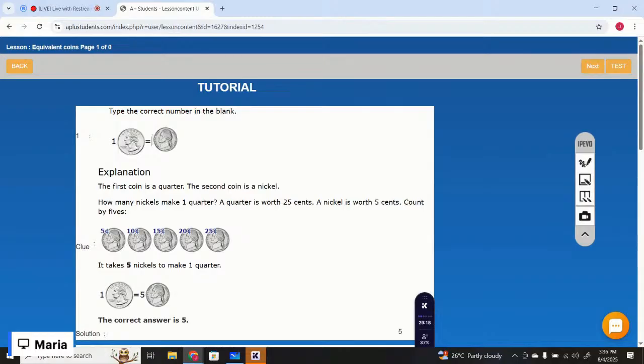So how many nickels together are worth one quarter? One quarter is worth 25 cents. So if we have 5 nickels, they are worth 25 cents, right? Let's just start with the test questions.